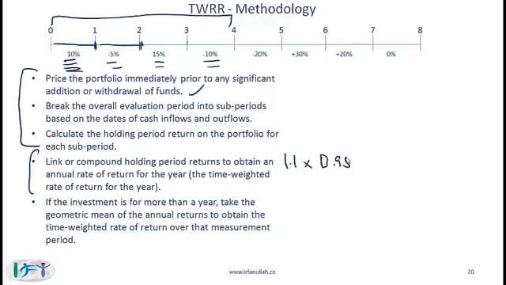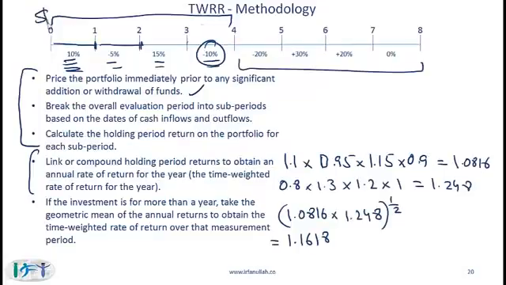by 0.95 times 1.15 times 0.9, and this gives us, for year 1, $1 invested at the start of the year becomes equal to 1.0816, and then for the second year we multiply 0.8 by 1.3 and so on, and we have 1.248 for the second year.